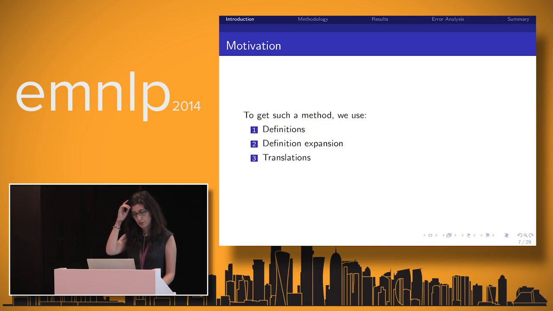I'm sure you know about Wiktionary. It's a multilingual free dictionary written by lots of users around the world, and it's constantly growing. There is a lot of information that we can get from Wiktionary, such as the definitions, the pronunciations, the etymology, translations to other languages, and lots of other information.